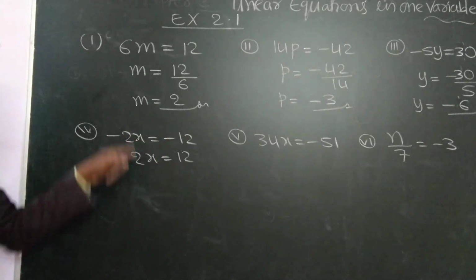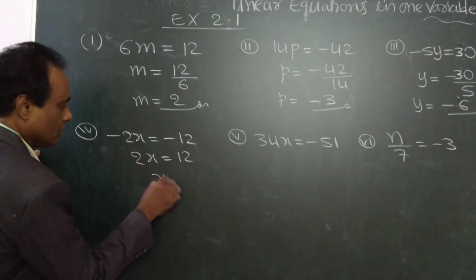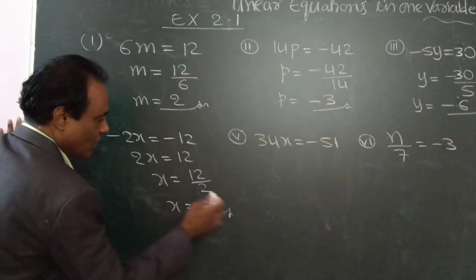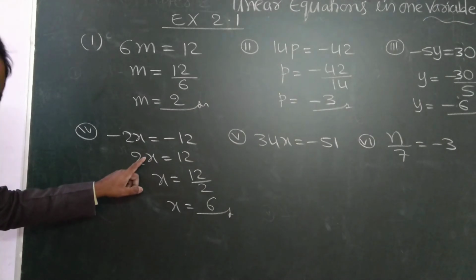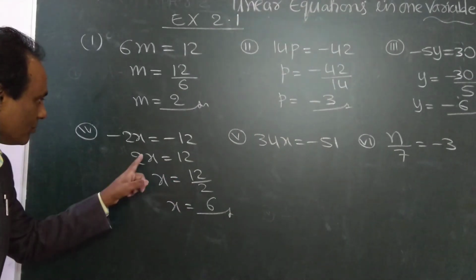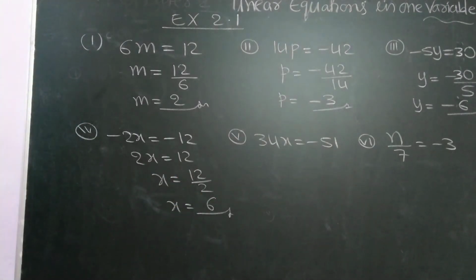If it is minus on both sides, cancel minus minus. Minus is gone. 12 by 2 is 6. Why by? Because it is into. Multiplication means it will go to the denominator. 12 by 2 is 6.